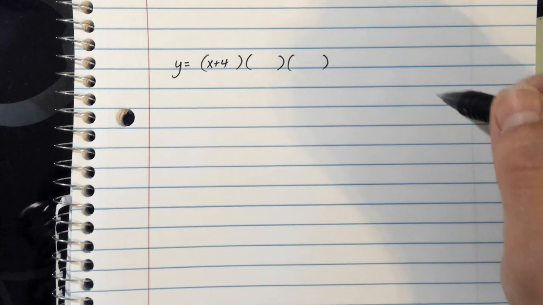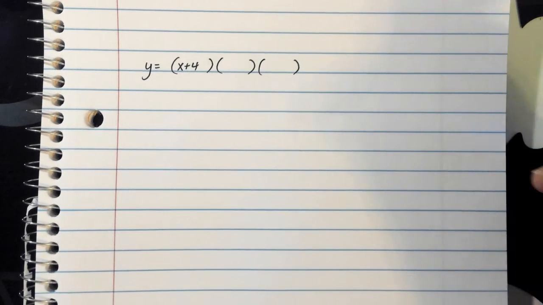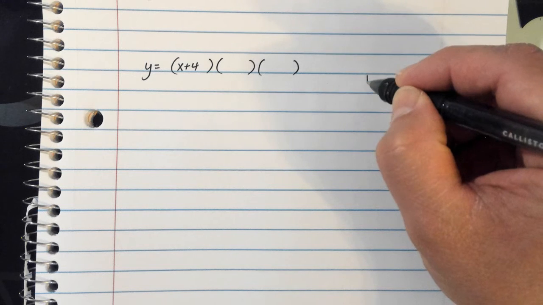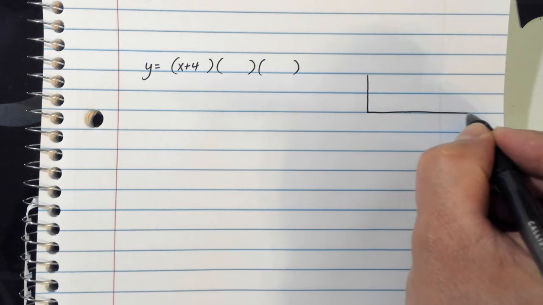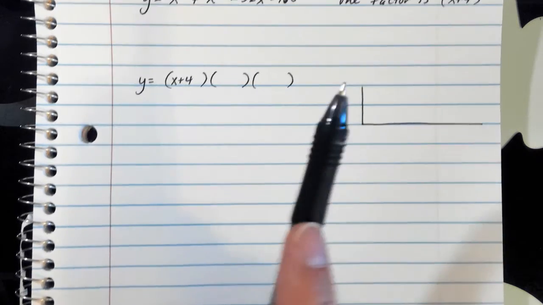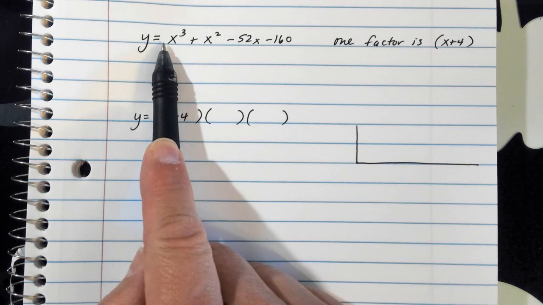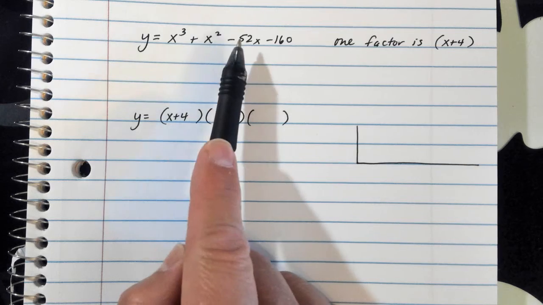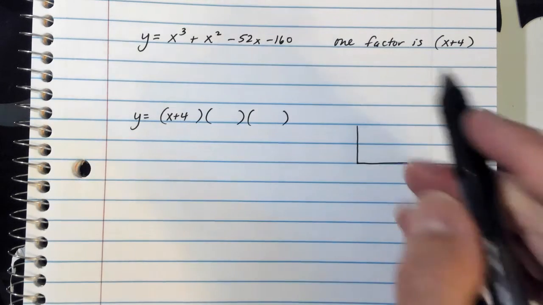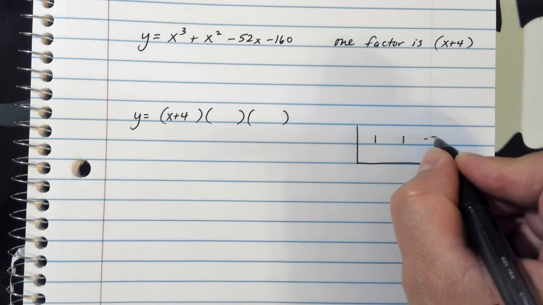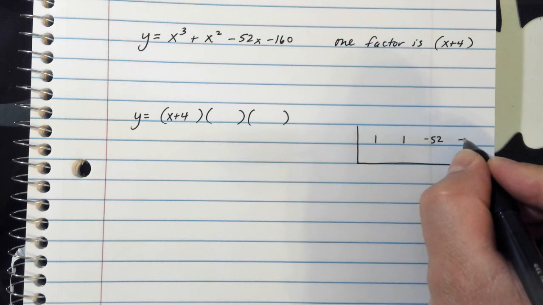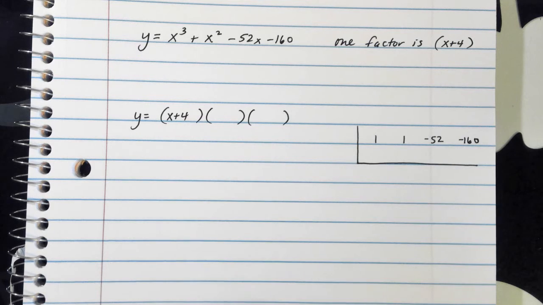I think most students prefer synthetic, so let's go ahead and use synthetic division. The coefficients are 1, 1, negative 52, negative 160.